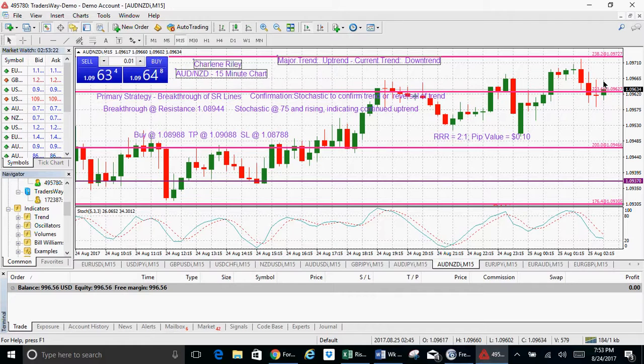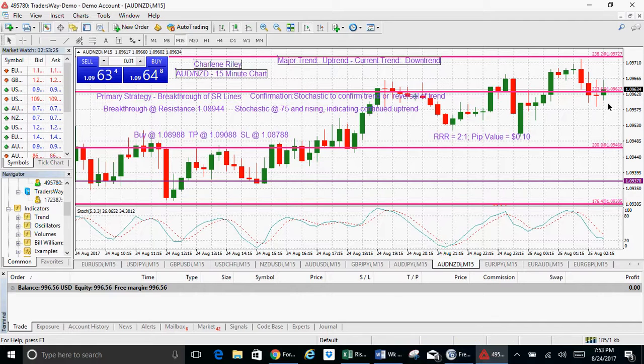If we have that confirmed break, then I would enter into a buy. Or if we have a confirmed break below this same line, I would be looking to get into a sell.